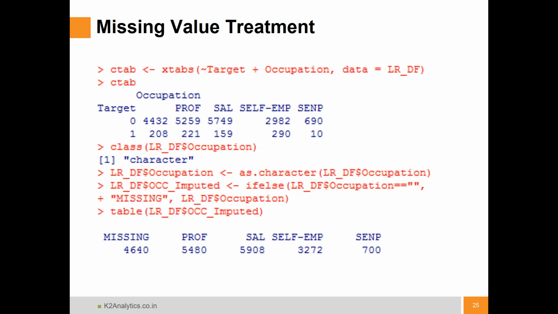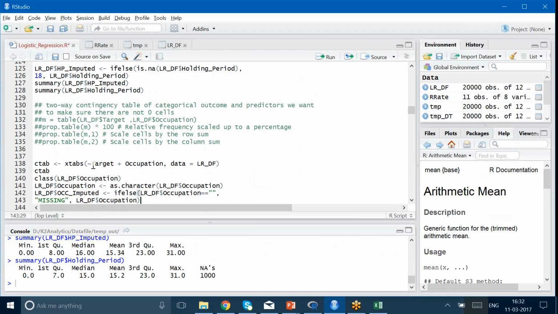So what I can do is, occupation. First, let me see what is the trend of occupation with respect to target. Let me do cross tab. I could have done this also, cross table function also.